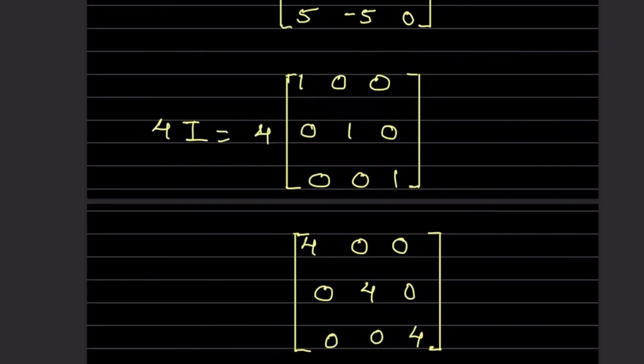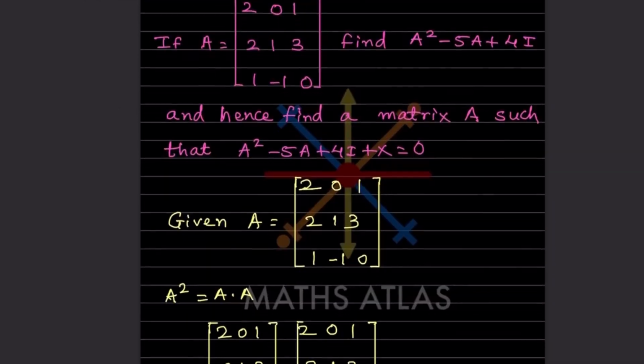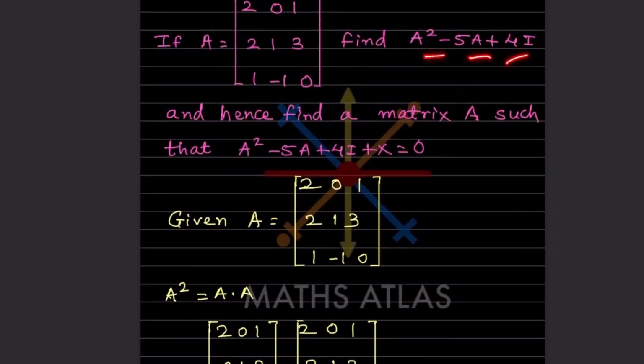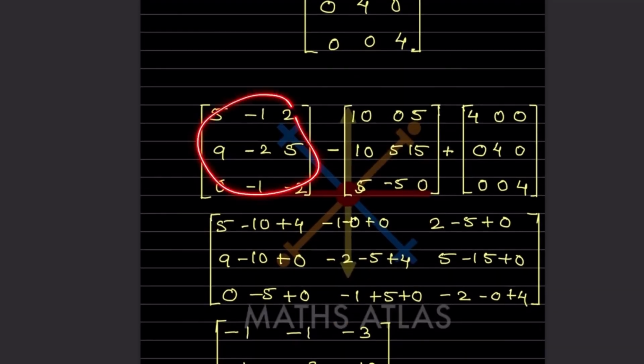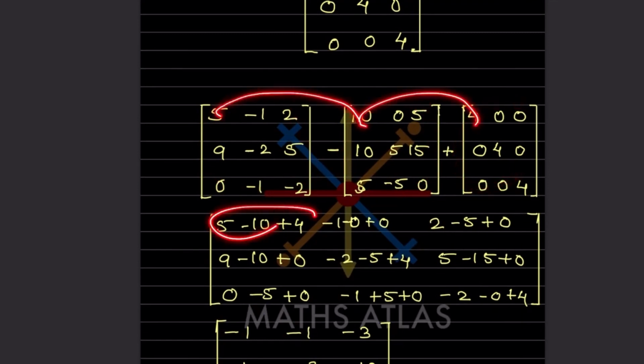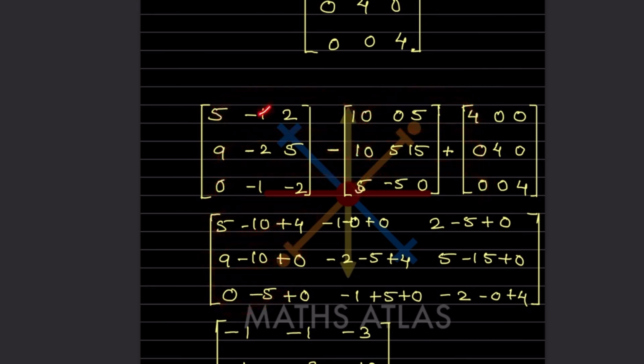So now what we can see here, we are going to add all, because we want here A² − 5A + 4I. So we got this value for A², minus 5A, and this is for I. So after doing this, be careful, because minus is outside. Then what will you do here?